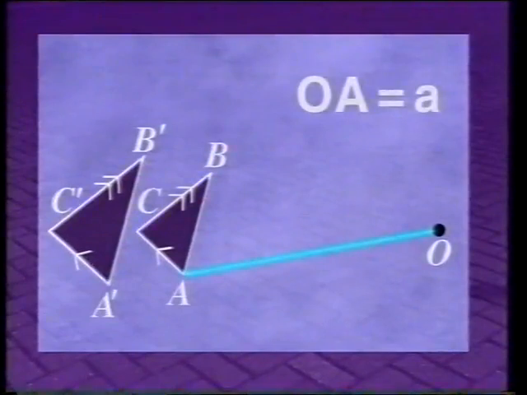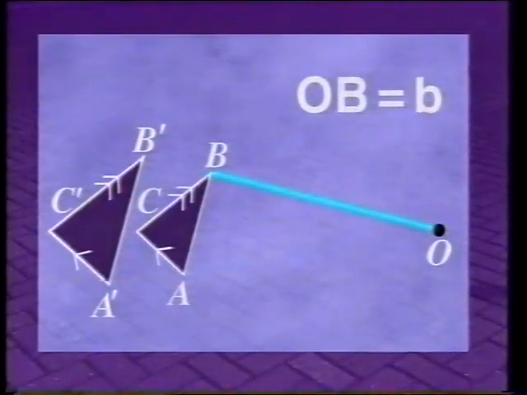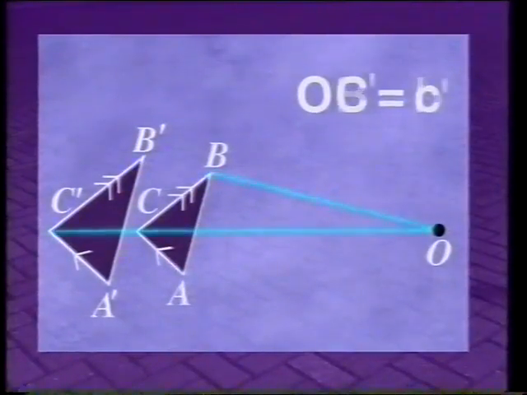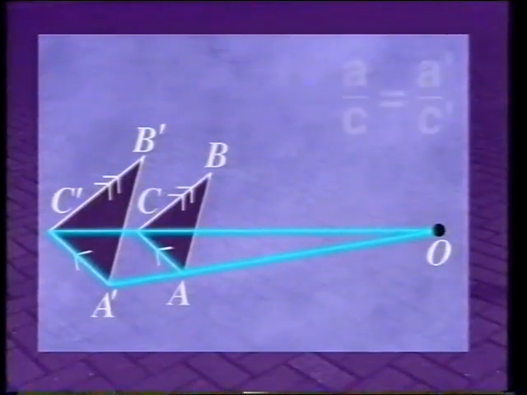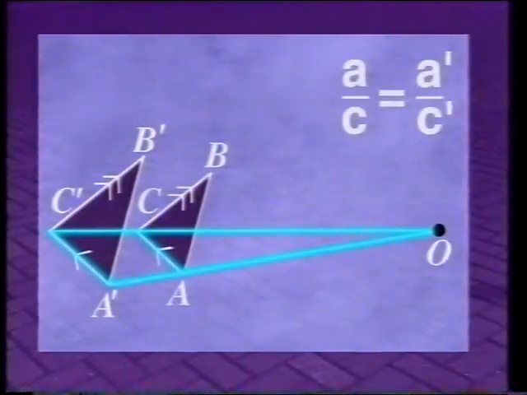OA equals A, OB equals B, and so on until OC' equals C'. Now, we look at the similar triangles OAC and OA'C'. Because the lines marked with a single arrow are parallel, we deduce that A over C is equal to A' over C'.